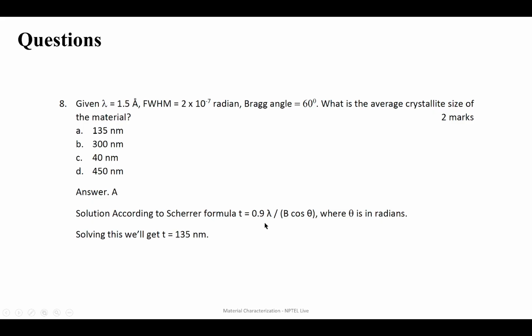So it will be 1.35 into 10 to the power 7 angstroms, which comes out to be 1.35 millimeters actually. So the correct answer should actually be T equals 1.35 millimeters by these values.